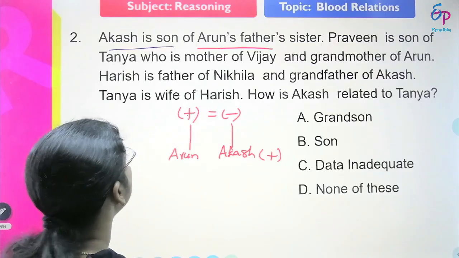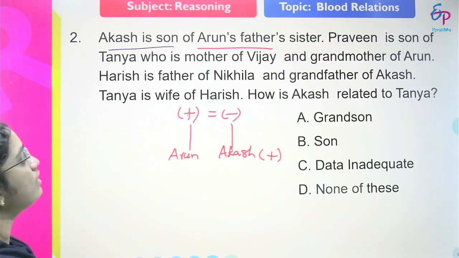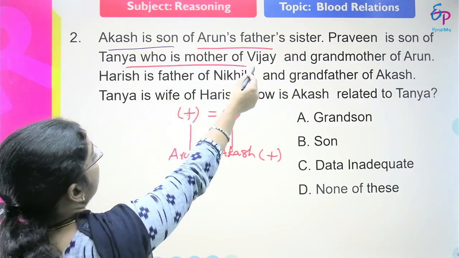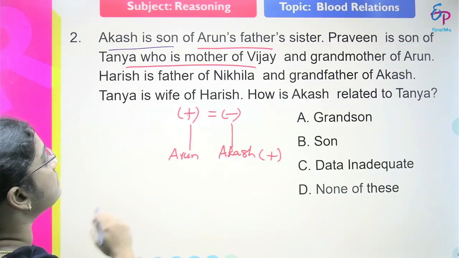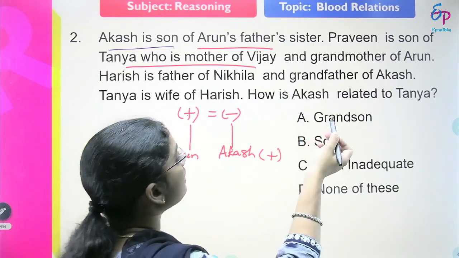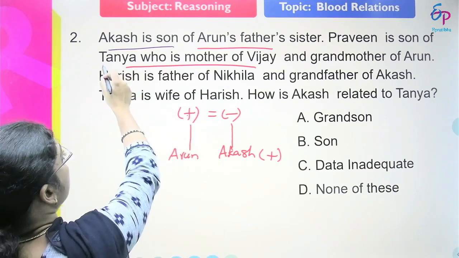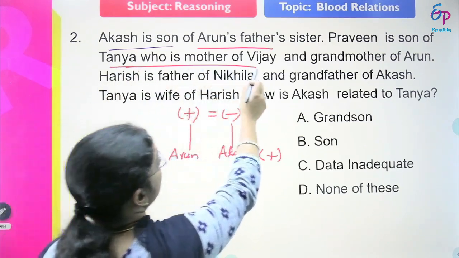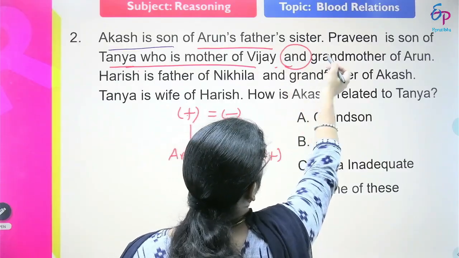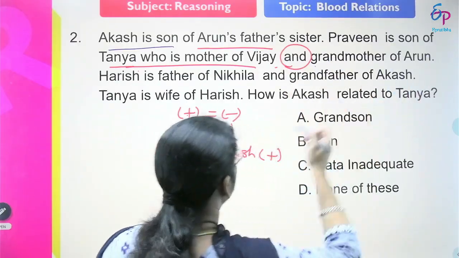Then Praveen is son of Tanya, and Tanya is mother of Vijay and grandmother of Arun, right? Just observe here, Praveen is son of Tanya, friends. Then who is Tanya? Tanya is mother of Vijay, and at the same time Tanya is grandmother of Arun.